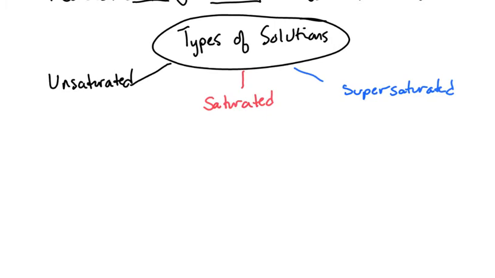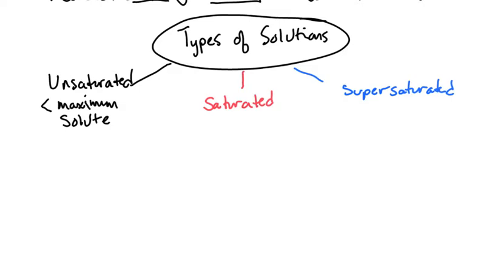Okay, unsaturated solutions contain less than the maximum solute that will dissolve. Okay, so we can still fit extra salt or whatever we're trying to dissolve in there. Okay, we can still fit some extra Kool-Aid sugar in there and it'll continue to dissolve. Okay, there's still some extra space.